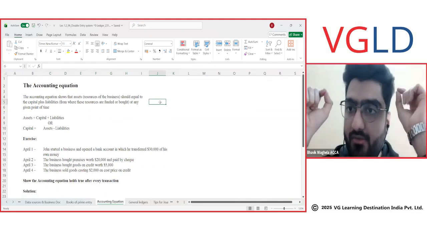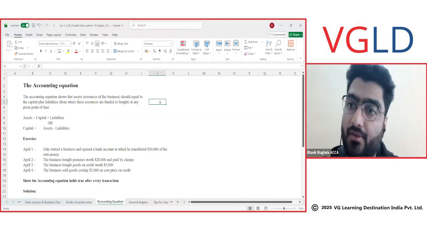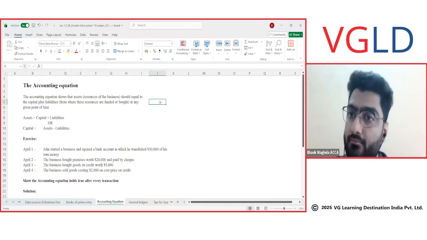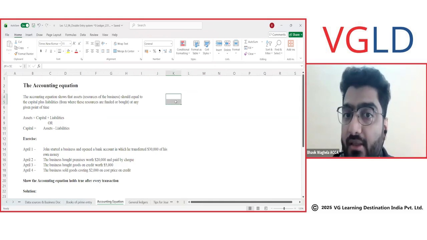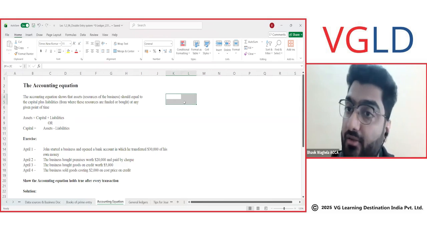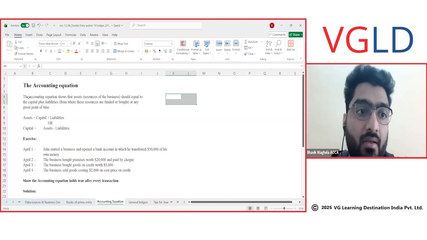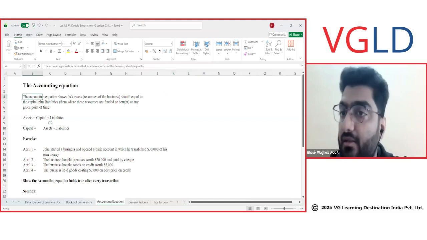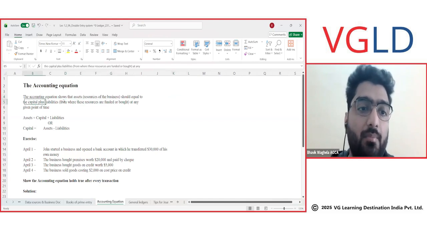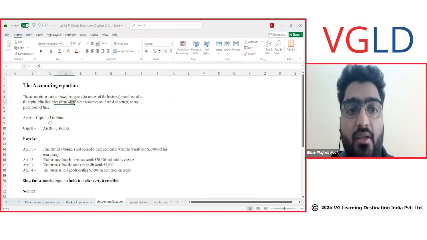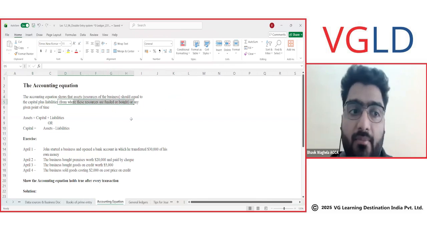The accounting equation tells us that at any point of time, assets is equal to capital plus the liabilities. Always. Accounting equation shows that the assets, that is the resources of the business, should equal the capital plus the liabilities, that is, from where these resources are funded or bought at any given point of time.